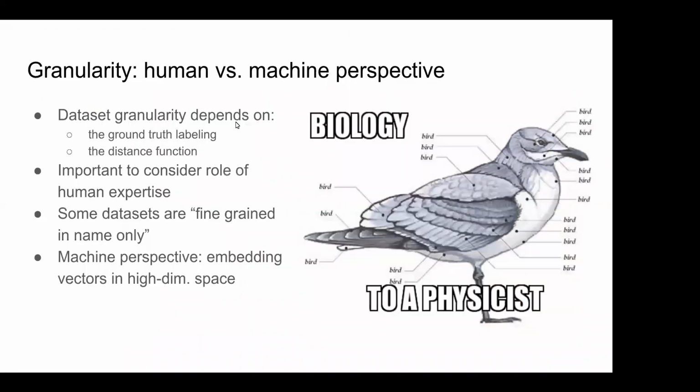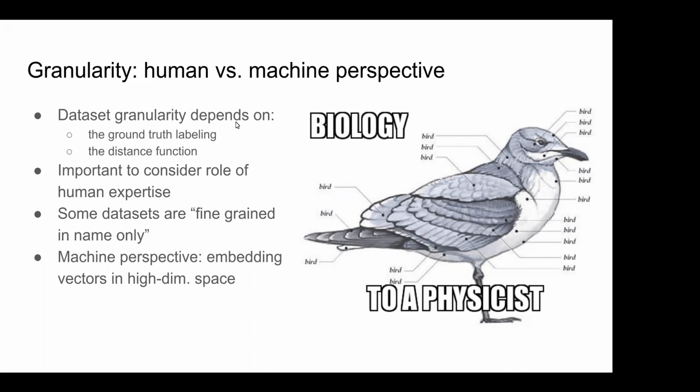You'll see later some of the data sets of interest involve food, cooked meals, ingredients, and so on. So one thing, as I mentioned in the beginning, it's important for us to get a sense of what we mean by granularity, fine-grained versus coarse-grained. And in approaching this, we also need to think about the human versus the machine perspective. So at a high level, the granularity of a data set, for example, a data set of bird species or a data set of appetizers, these depend on the ground truth labeling and the function that's used to compute distances or some notion of dissimilarity between entities.